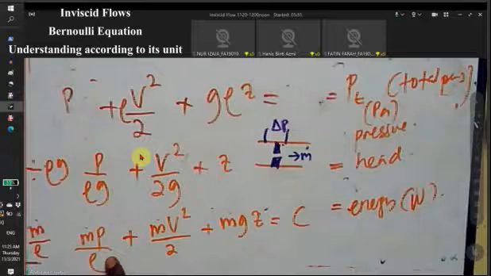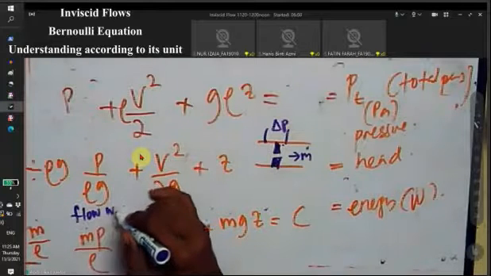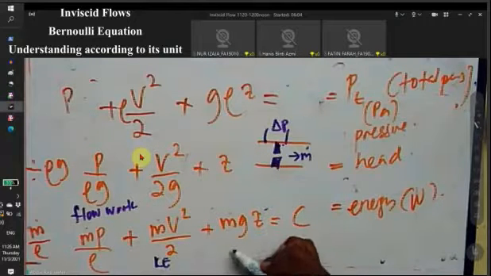So we have flow work here. And then we have this kinetic energy, and then we have this potential energy.